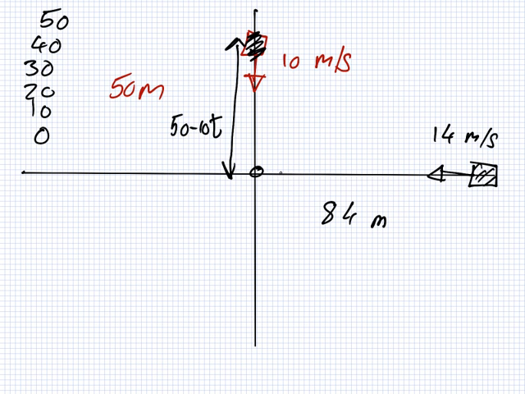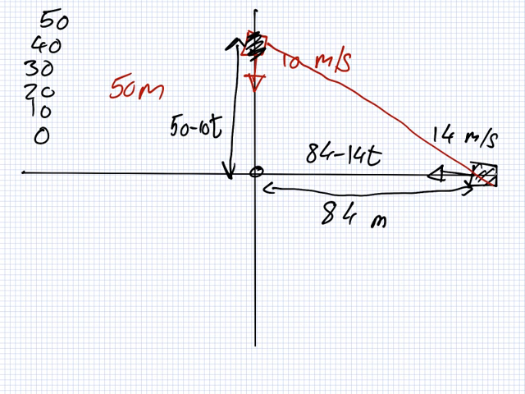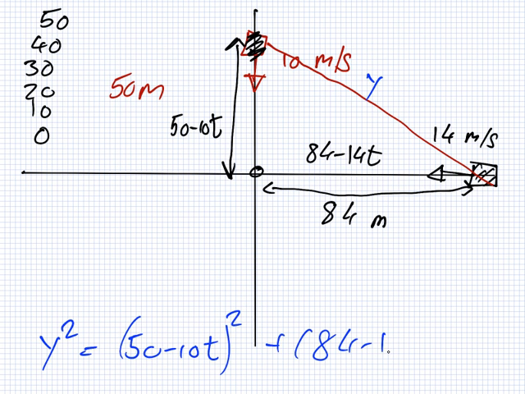And then this way, what will it be? 84 minus 14t. And we care about this distance here between them, which we can get from Pythagoras, which I'll call y. So y squared equals (50 minus 10t) squared plus (84 minus 14t) squared.